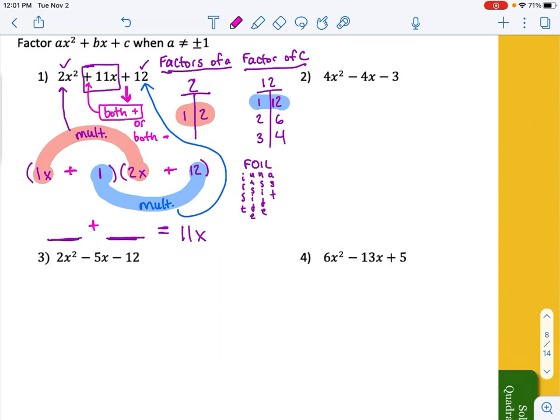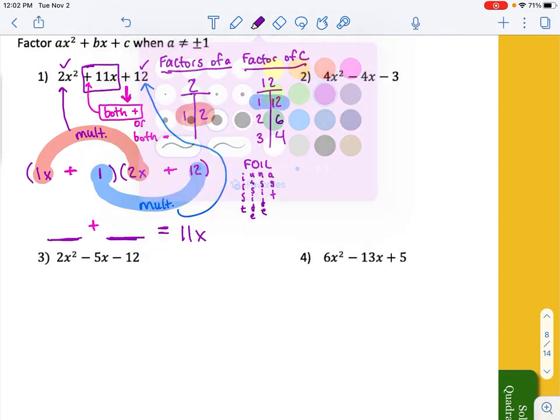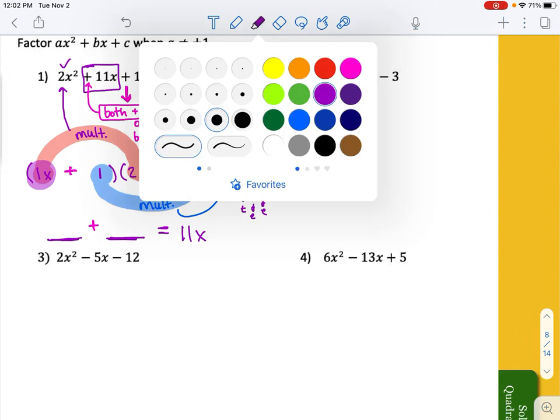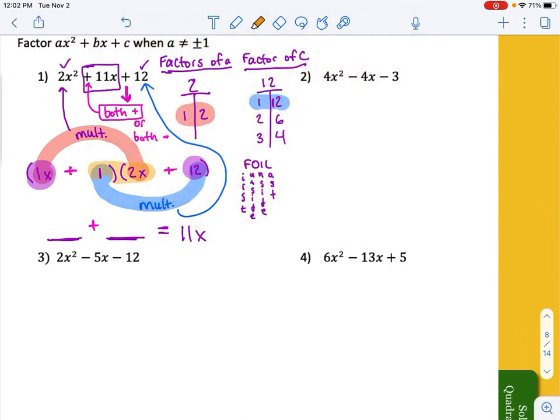So if I test these guys, the 1 and the 12, I'll have to do my outside terms multiplied, so that's these two, and I will have to do my inside terms multiplied as well, so that is these two terms.